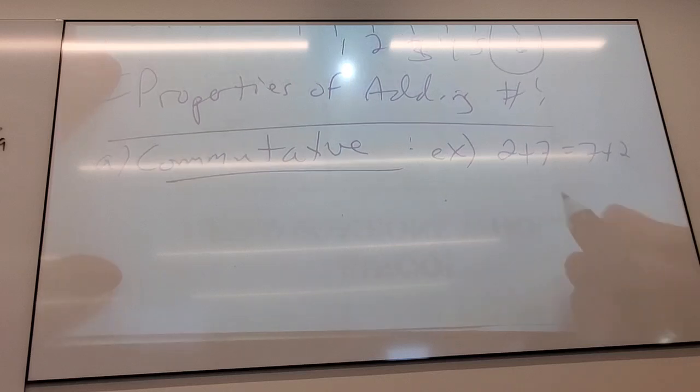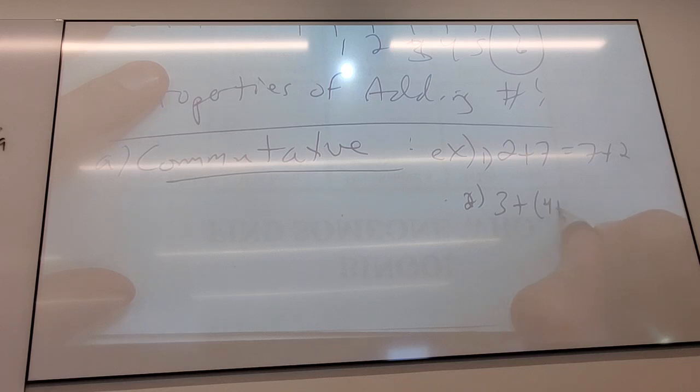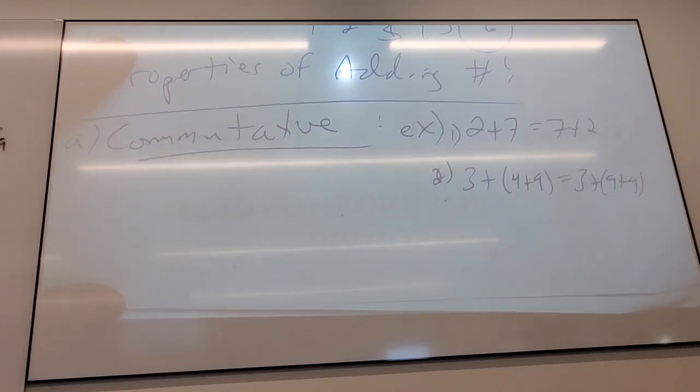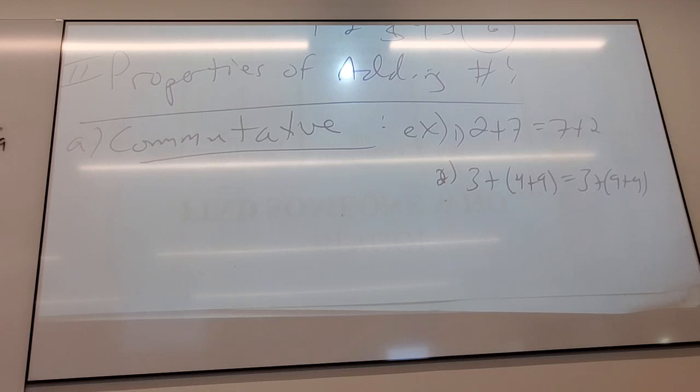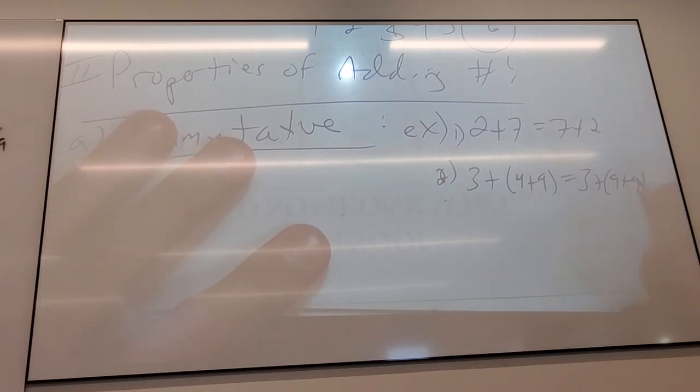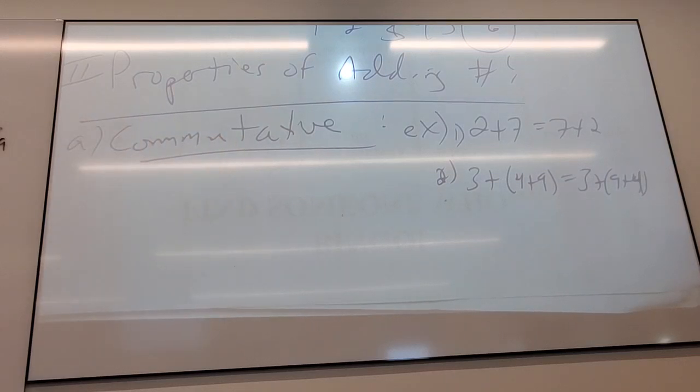Let me do another example, it's a little more interesting. 3 plus 4 plus 9 equals 3 plus 9 plus 4. What actually moved from one side to the next?